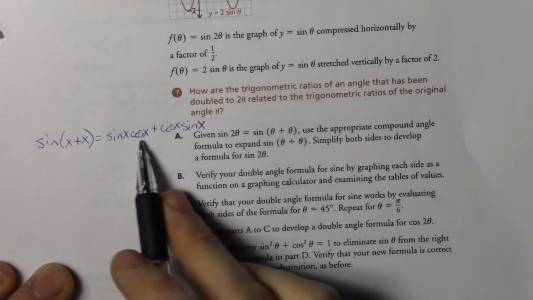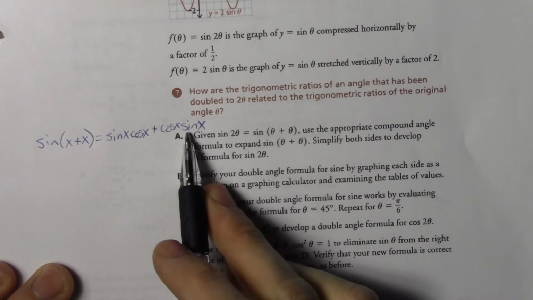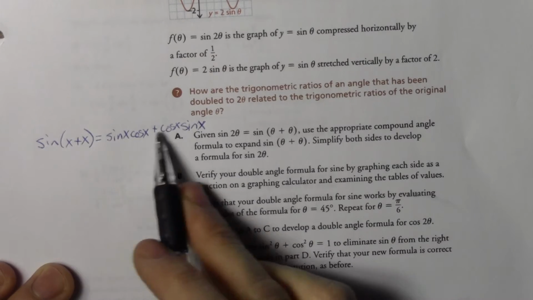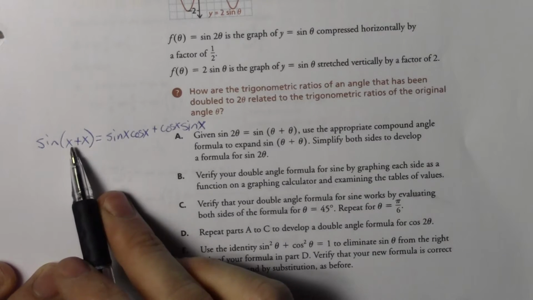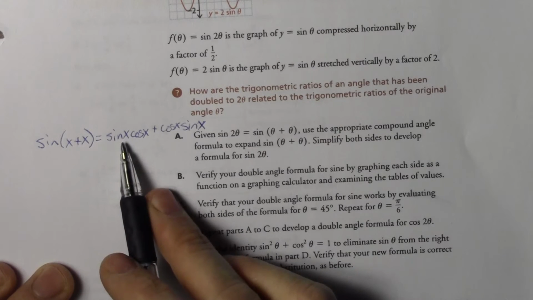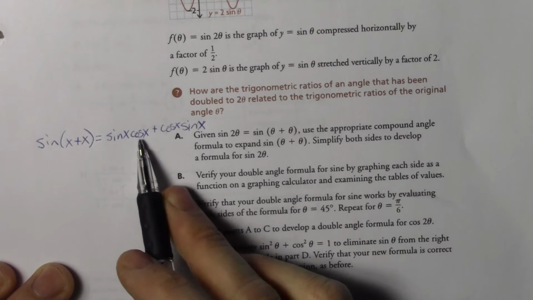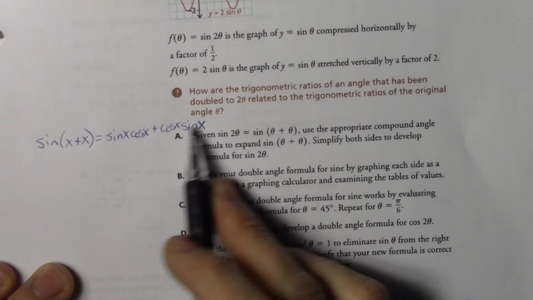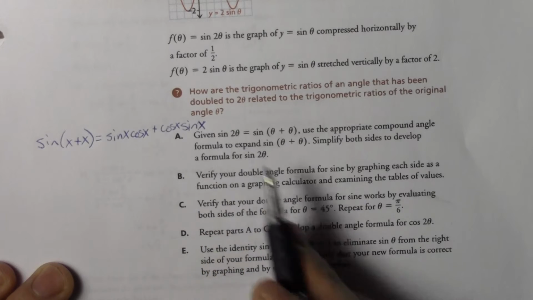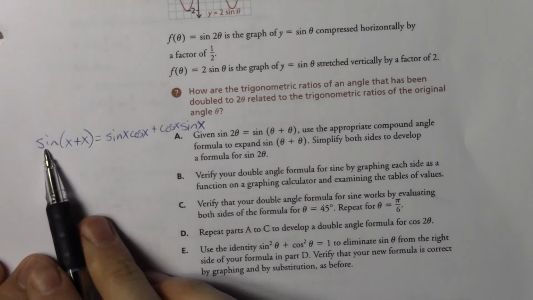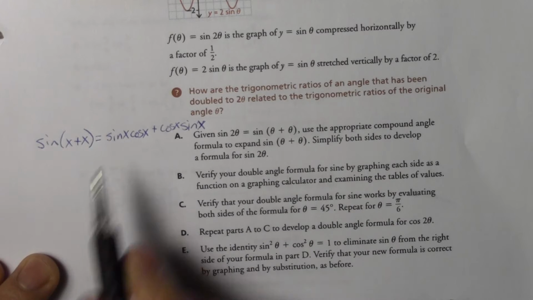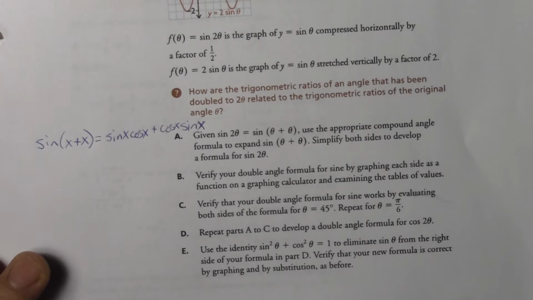The signs are the same, but the trigonometric functions change. For cosine, the sign is different, but the trigonometric functions are the same, right? So cos x plus x would be cos x cos x, and then the opposite sign, sine x sine x. Okay? And sine starts with sine, cos starts with cos, in the actual formula itself.